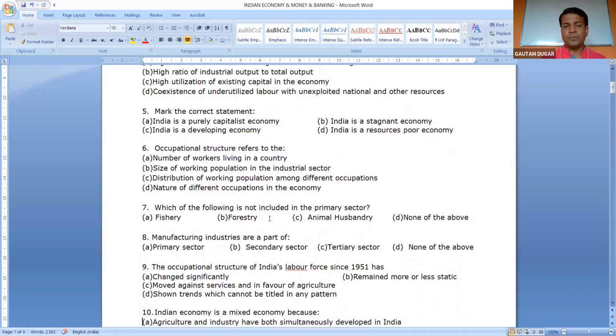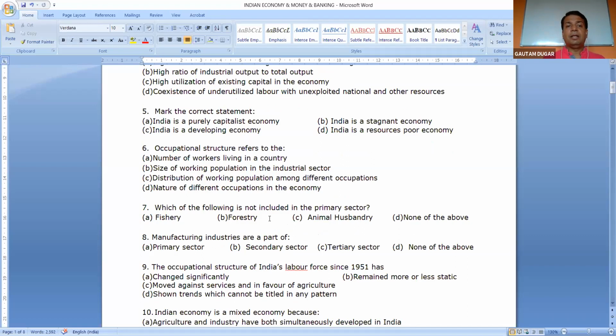Occupational structure refers to, what is the meaning of occupational structure? Basically it is based upon what occupation people have chosen for their livelihood. So option A is not right. Size of working population in the industrial sector.